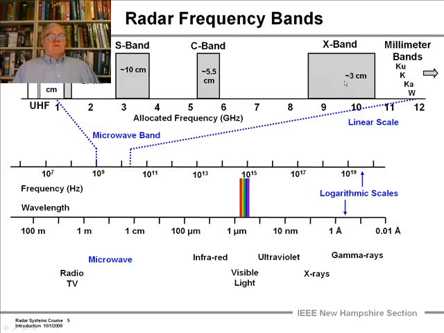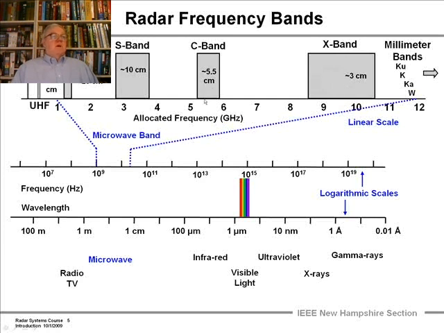And the space and frequency that is allocated by the International Telecommunications Union for radars are these half a dozen bands, and they have a special nomenclature. X-band is in this region, roughly 9 to 10 gigahertz.